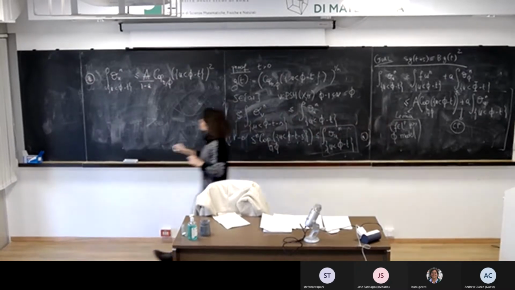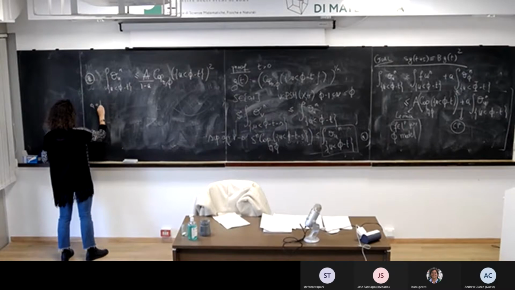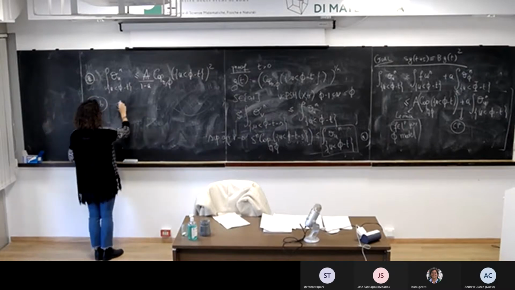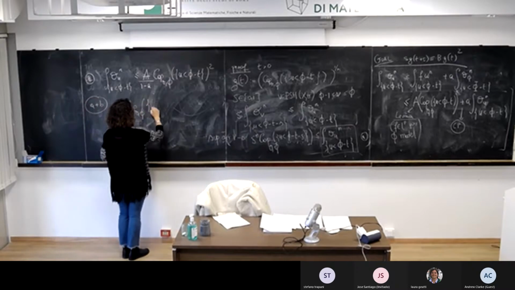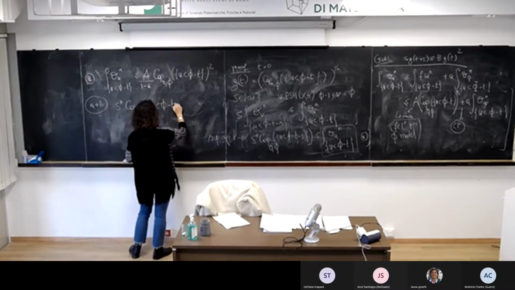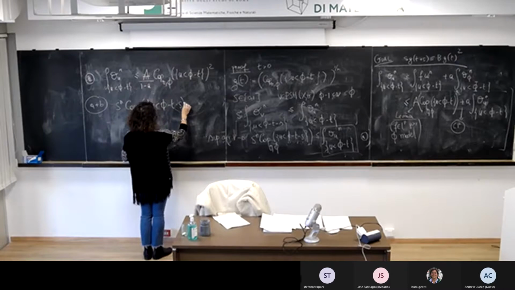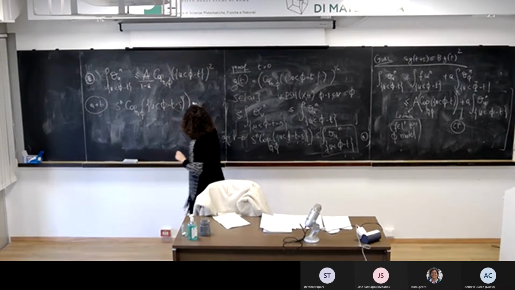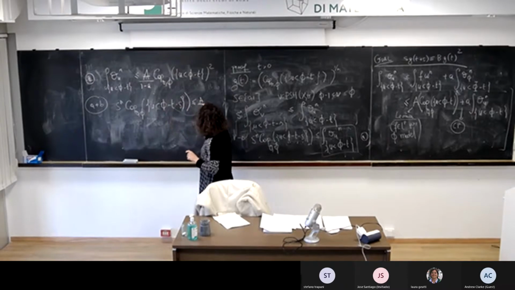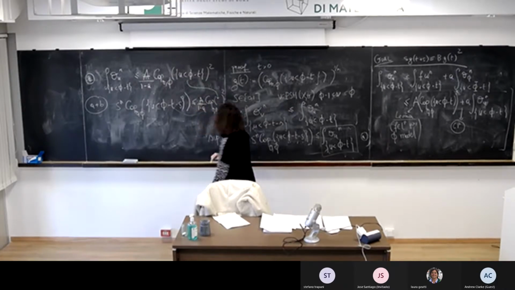We combine the two together, a plus b, and we get that S^n times the relative capacity of the set u less than phi minus t minus s is less or equal than A times 1 over small a, the relative capacity, this guy, to the power 2. Okay?